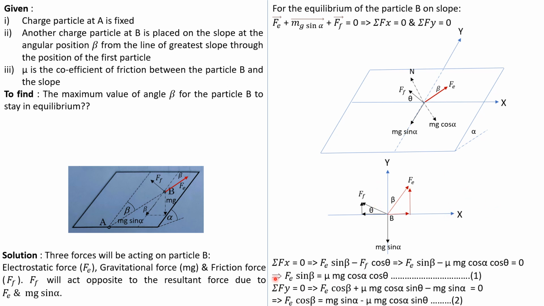Okay. Now we will write summation of Fx is equal to 0. Put the value. The component of electrostatic force along the x-axis is Fe sine beta, because this is beta, so this is 90 minus beta. And the component of friction force in the x direction is Ff cos theta. So this is equal to 0.